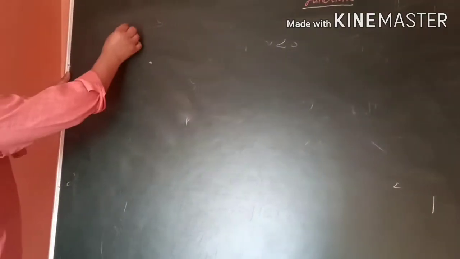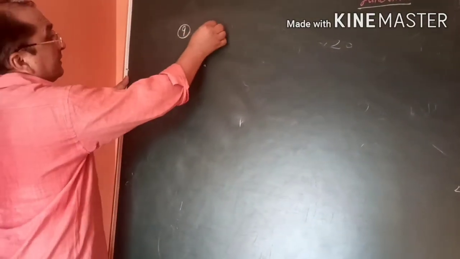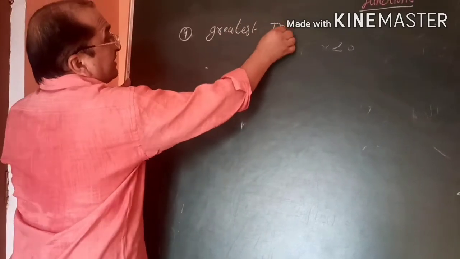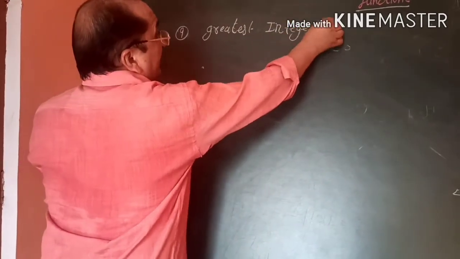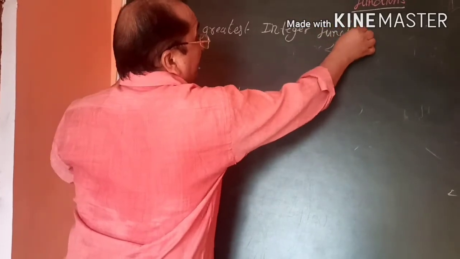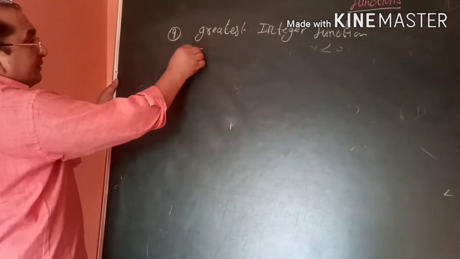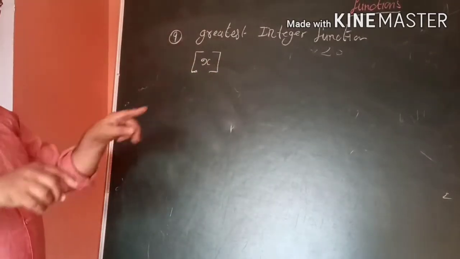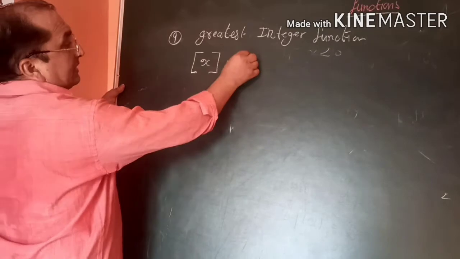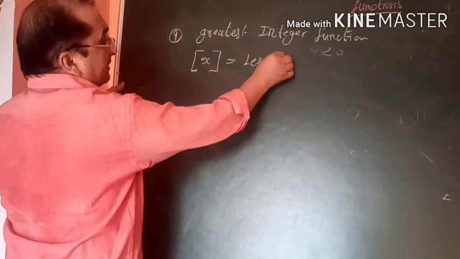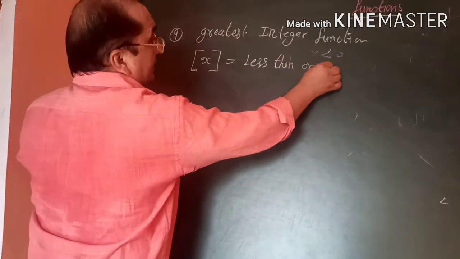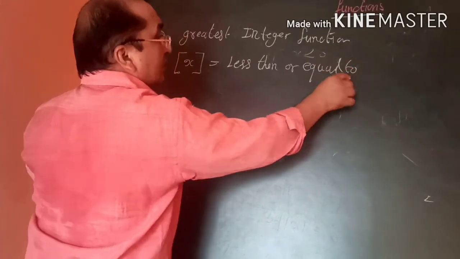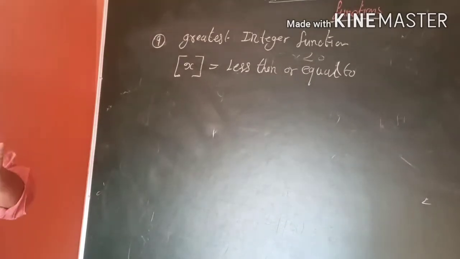The greatest integer function is denoted by the square bracket [x], and its value is the greatest integer less than or equal to x.